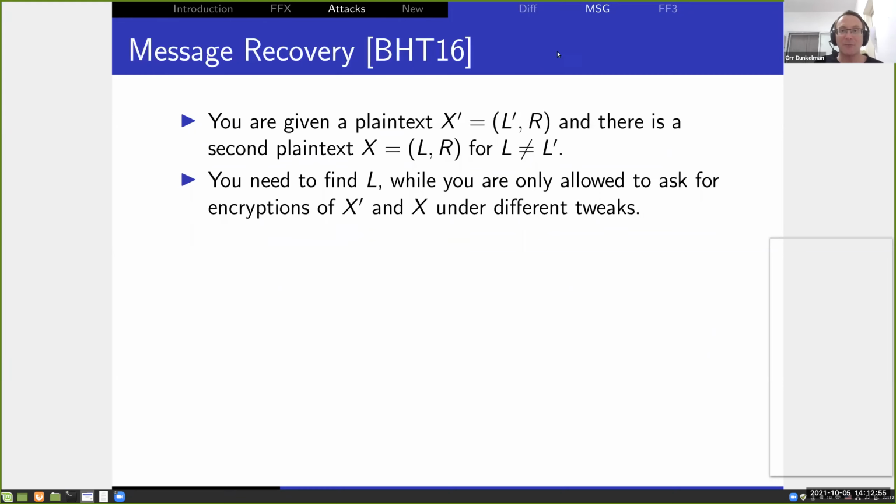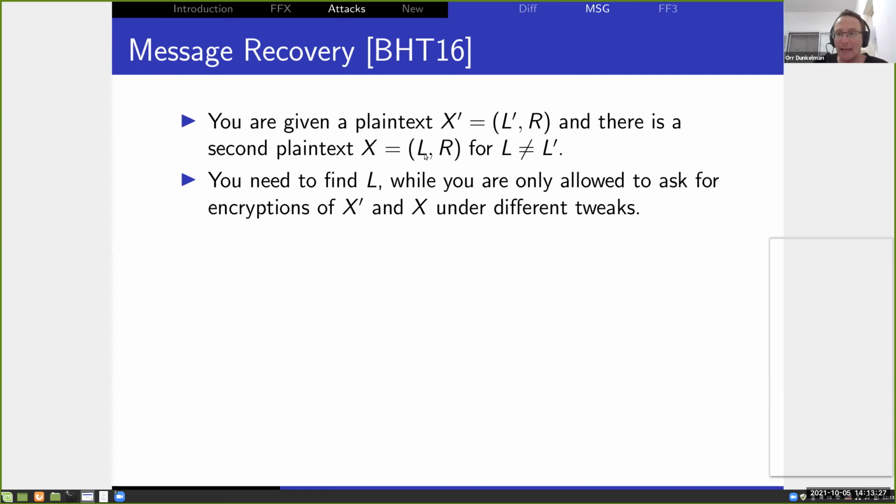So here is a message recovery attack. This time I'm sure it's Bellare, Hoang, and Tessaro. Here they describe a weird game for cryptanalysts. I'm holding in my hand a special plaintext X prime, and I'm holding a second plaintext X. I'm telling you X prime, so you know L prime and R, and X has the same right half but a different left half.